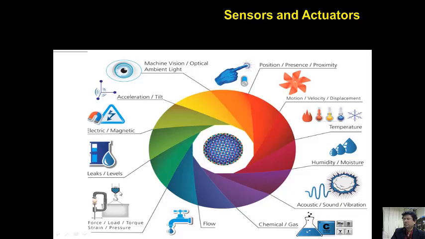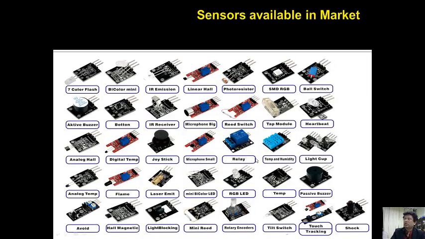There are different sensors and actuators available in the market. We will cover this in the later part of the course. There are also a large number of sensors available in the market, right from different colored LEDs, relays, small microphones, joystick, digital temperature, analog hall, etc. Depending upon the application, we have to choose the right sensors and actuators.